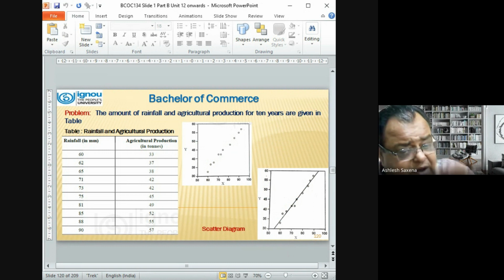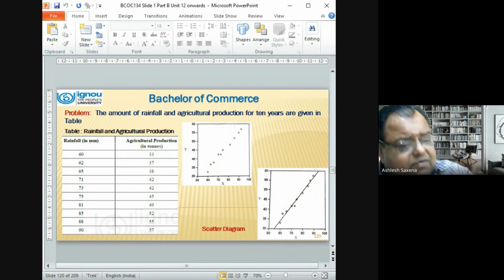Once all the points are plotted, we draw a straight line which should include the maximum number of points. If the line is drawn, that is a regression line. If no line is drawn, then it is a scatter diagram.